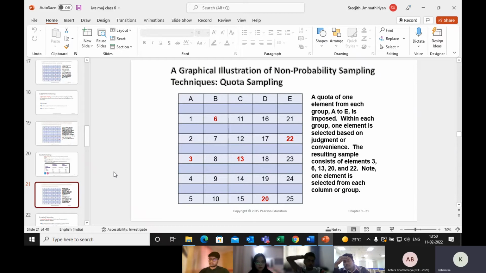There are 5 different groups of people: A, B, C, D, and E. The quota is at least one from each. So maybe A is arts, B is business, C is science, D is philosophy, and E is economics. I need to get one from each, so I go and pick one from each of those. That is quota sampling.